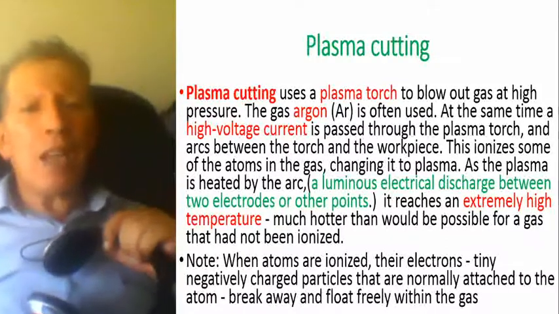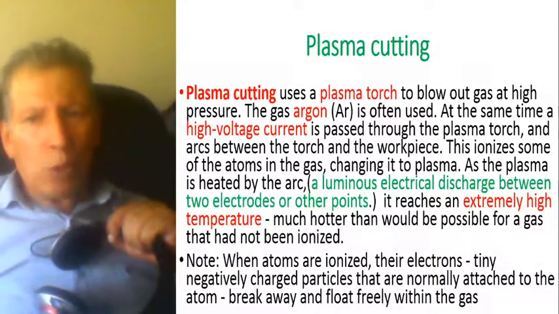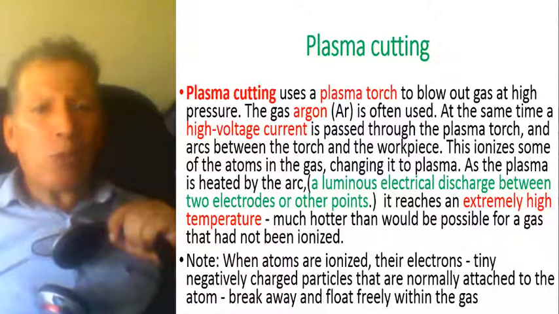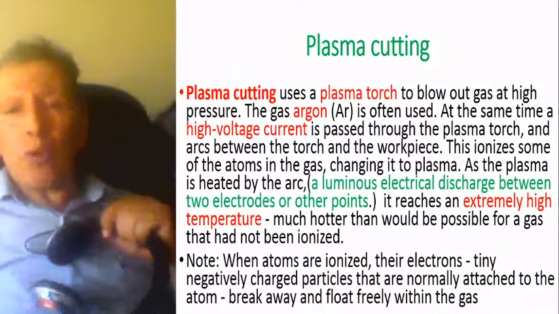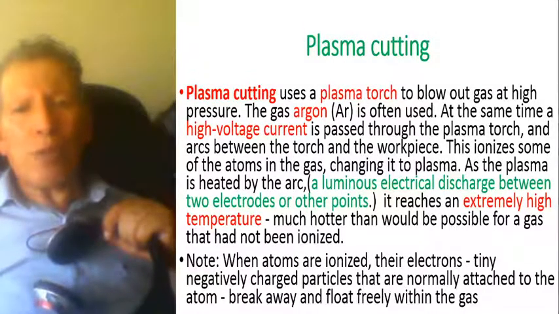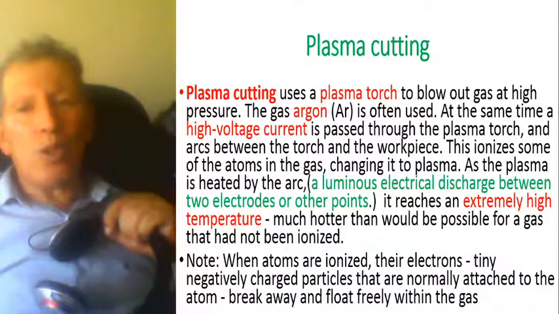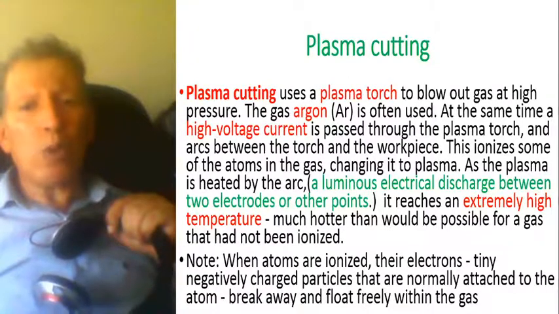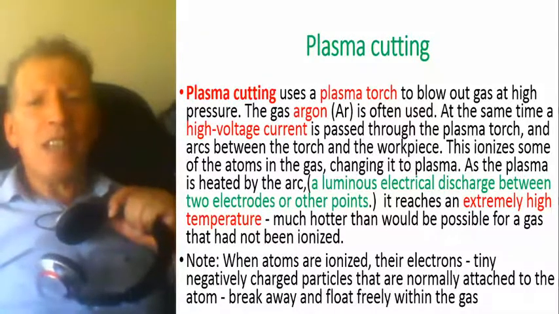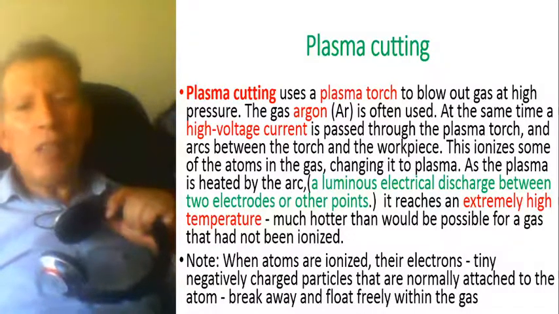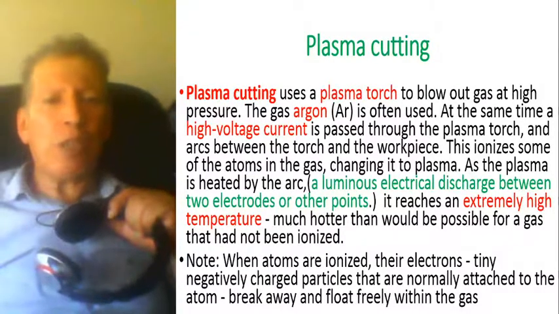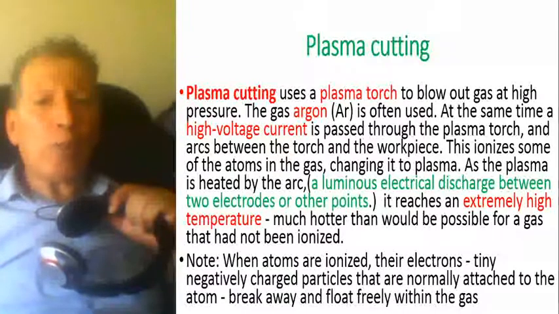At the same time, a high voltage current is passed through the plasma torch and arcs between the torch and the workpiece. So probably this is a more sophisticated device. So it's different from the electric spark used in the previous one. Here we are using plasma as well. So this ionizes some of the atoms in the gas, changing it to plasma as the plasma is heated by the arc, which is a luminous electrical discharge between two electrodes or other points.